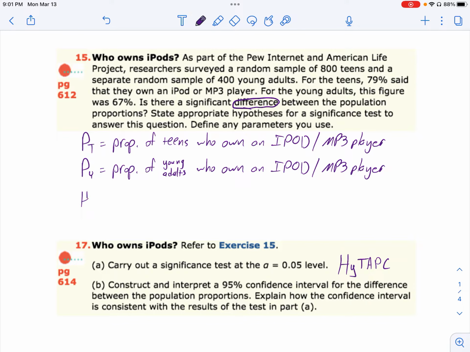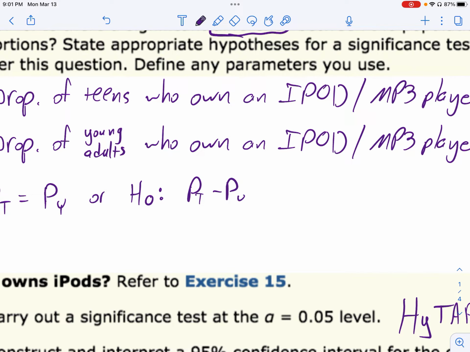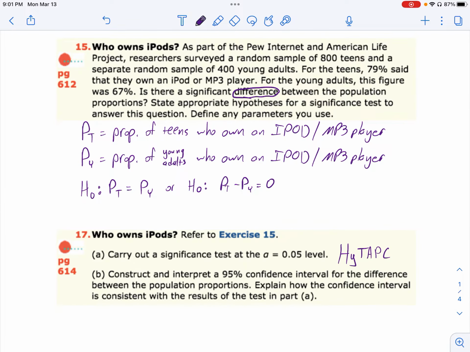So the null is always that these two proportions are equal. So proportion of teens equals proportion of young adults. Or you could also do the null could be that PT minus PY, young adults, is 0. If they're equal, when you subtract them, you would get nothing.